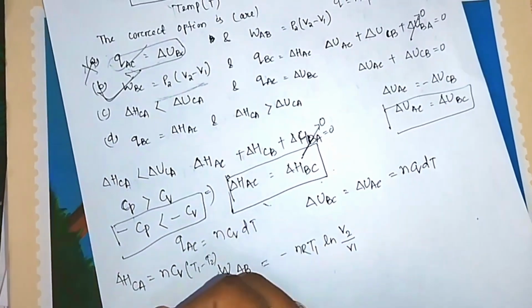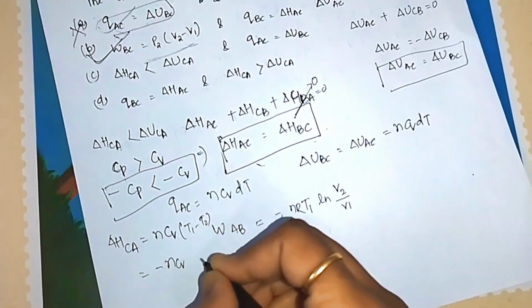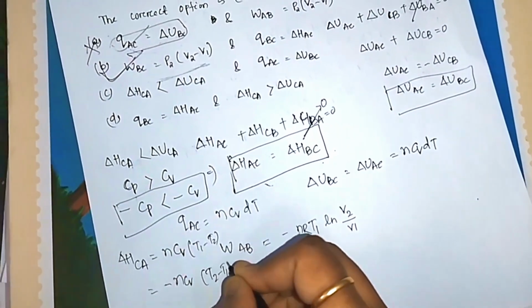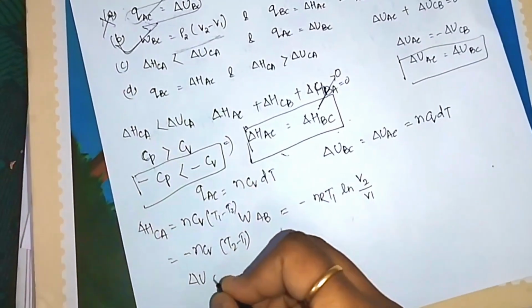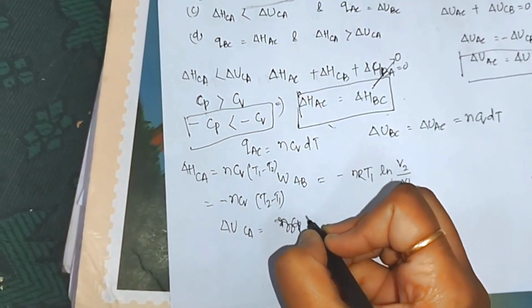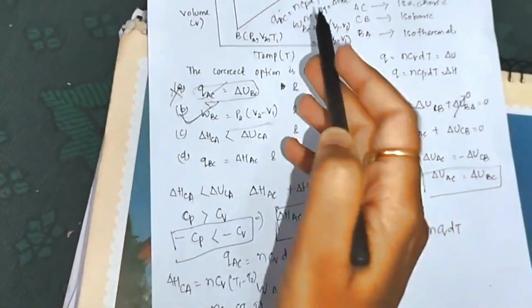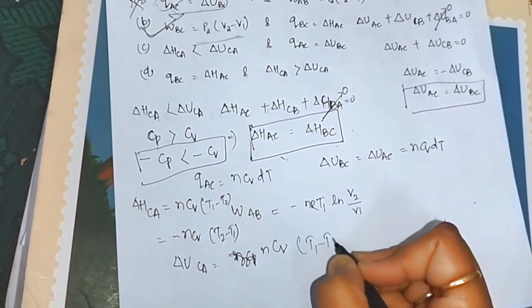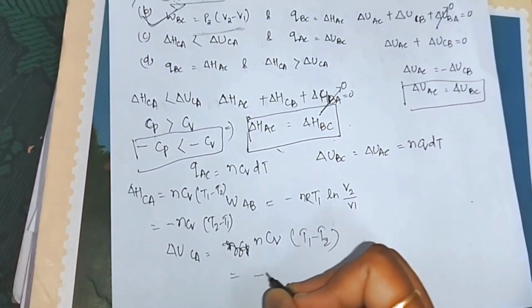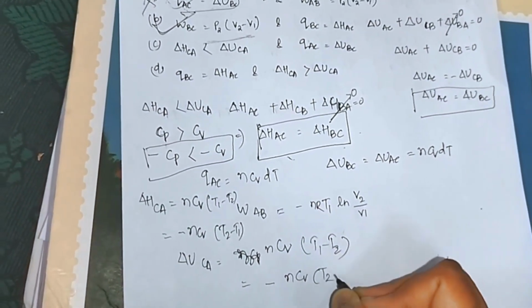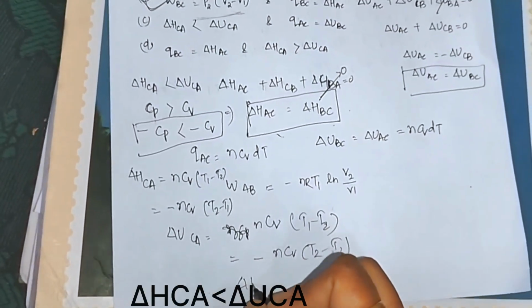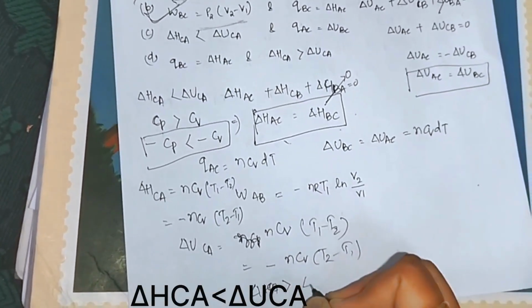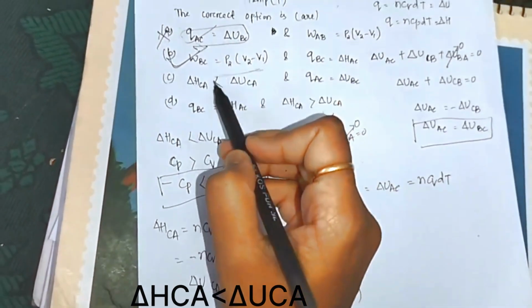If I take minus common, then minus nCp into T2 minus T1. Then come to del U CA. Del U CA is equal to nCv into final temperature minus initial temperature, T1 minus T2. If I take minus common, then minus nCv into T2 minus T1. So here del H CA is less than del U CA.